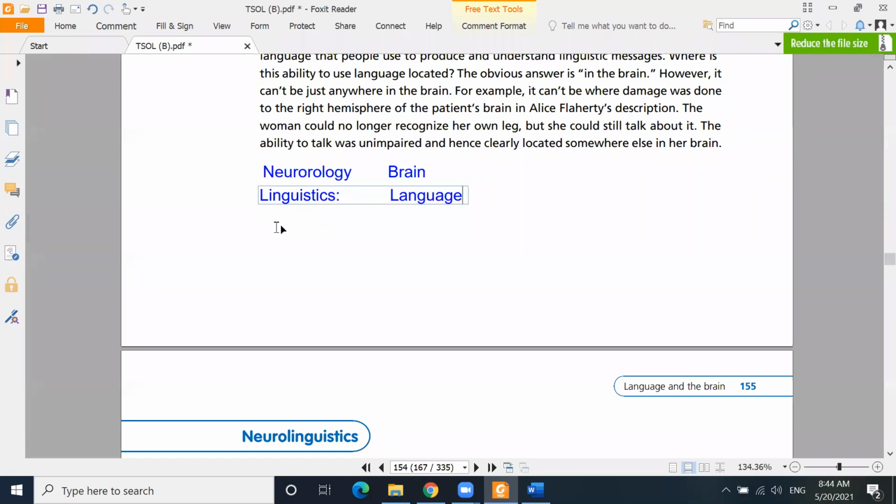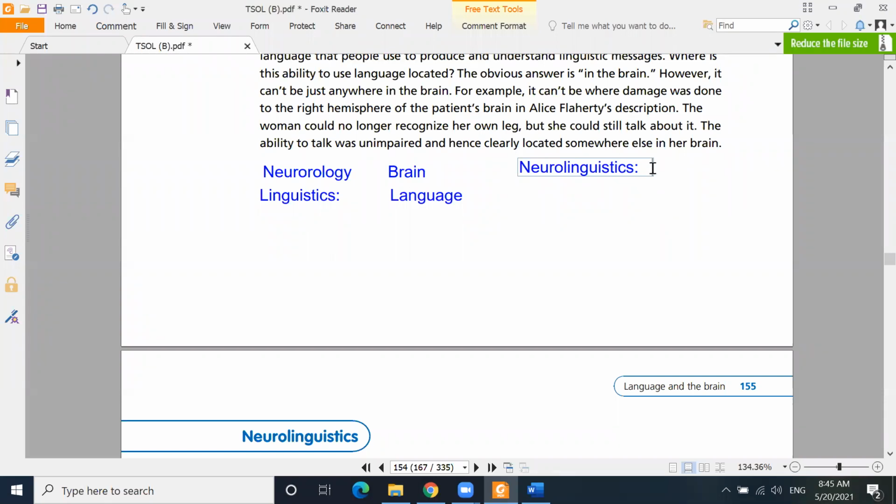Now when we create a blend of these two, neuro is from neurology, which is the study of the brain, and linguistics is the study of language. So when we create a blend of the two, what is the result, or the scope of this study?